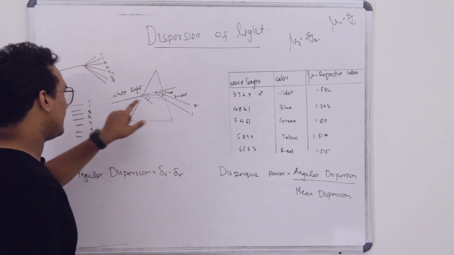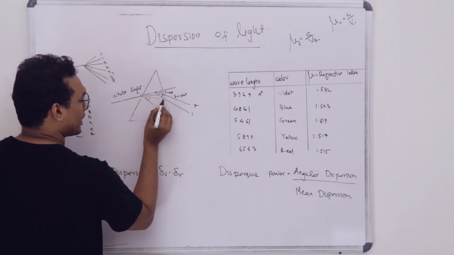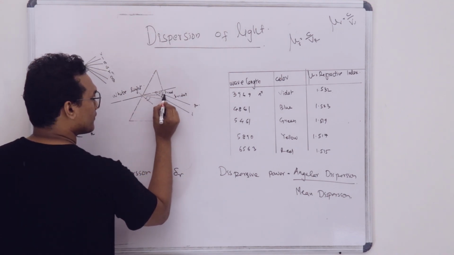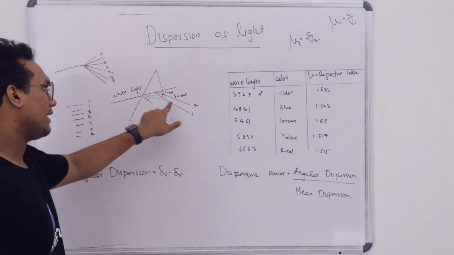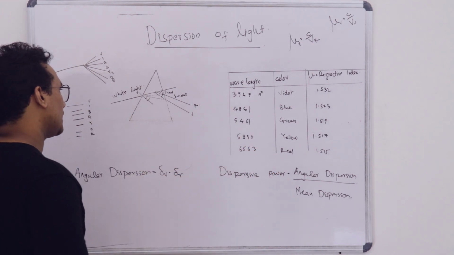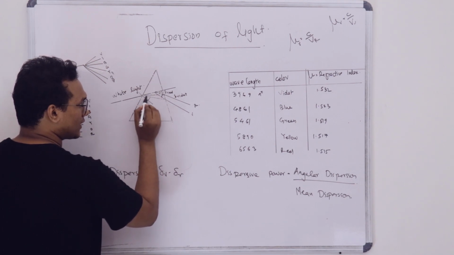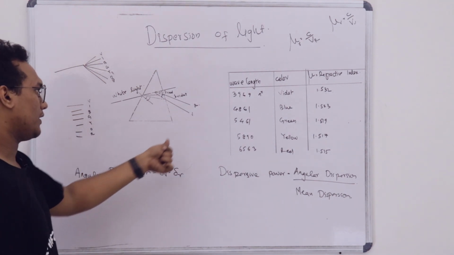Red color is less bent. So this is red color light and this is violet color light. Now the same red color light will have a second refraction here, and that will come out. Now the violet color is split at this position, and that would be more bent at this place.